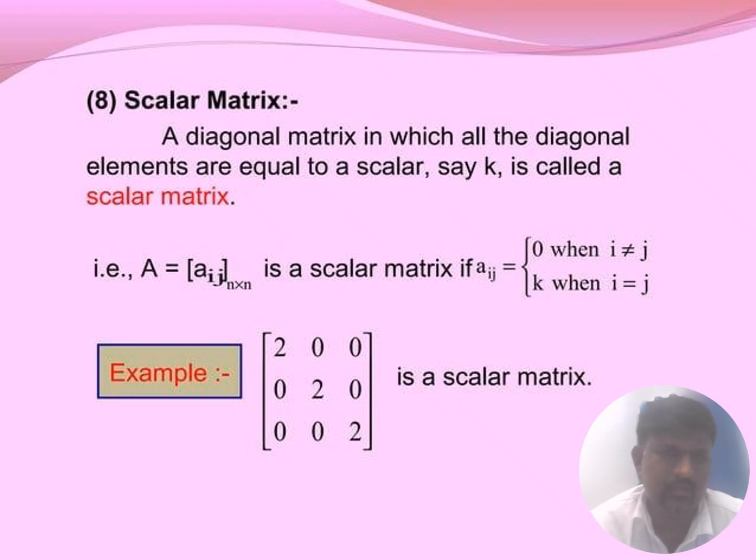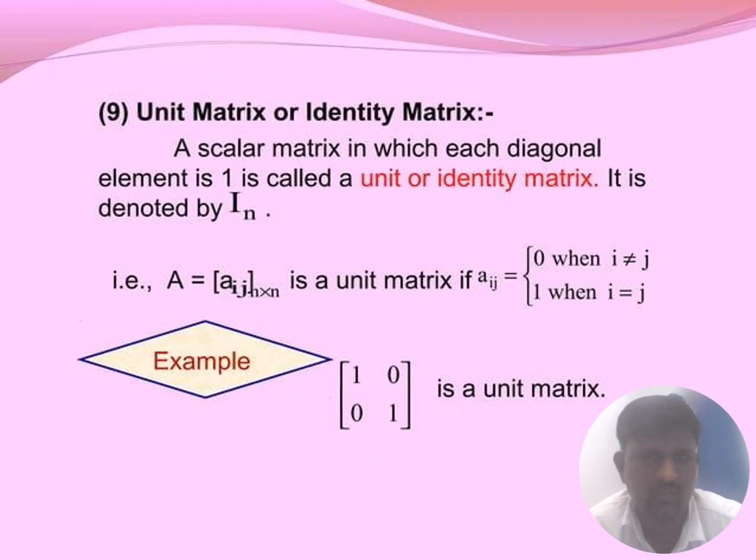Scalar matrix: a diagonal matrix in which all the diagonal elements are equal to a scalar, say k, is called a scalar matrix. Unit matrix is nothing but a scalar matrix in which each diagonal element is 1.